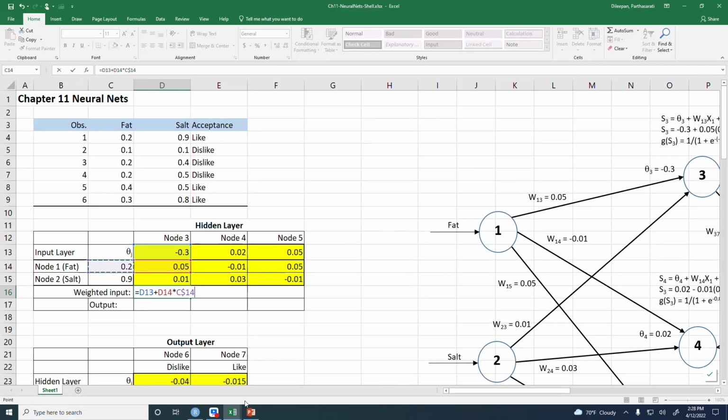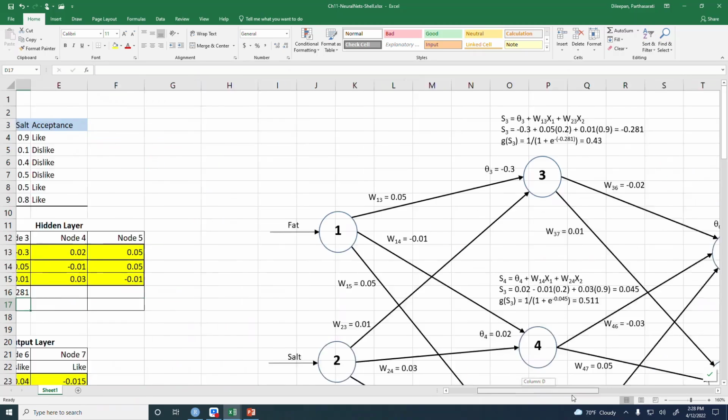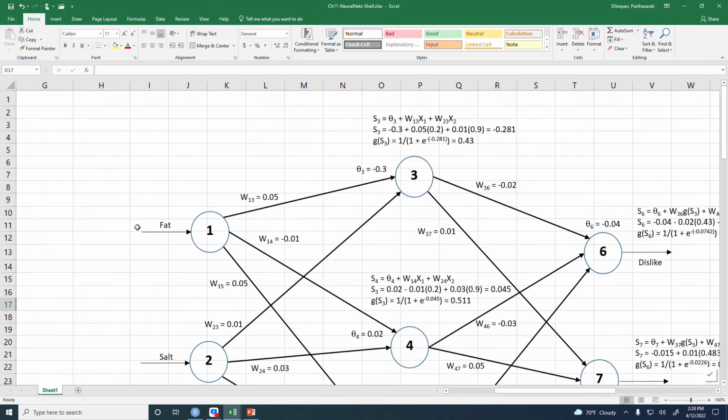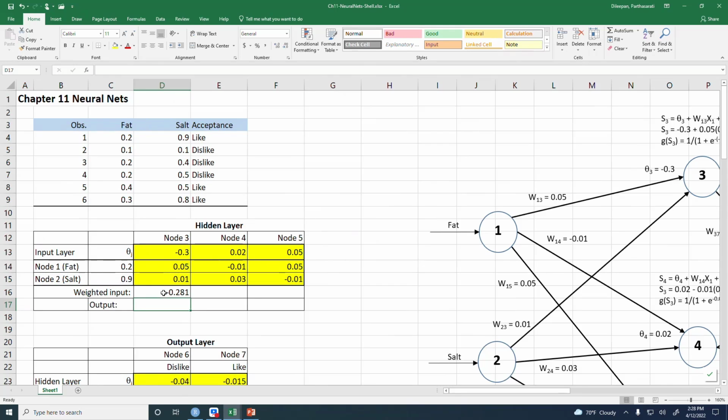So let's do that, plus the second coefficient times the second input. So that's our combined input coming into 3. So we have taken a kind of an average of the value of fat and the value of salt coming into this. So that's our combined input.